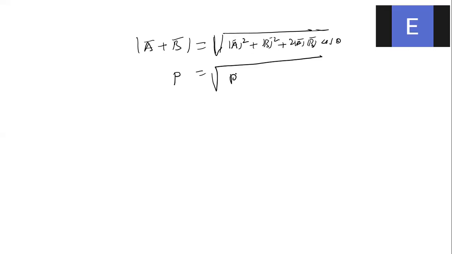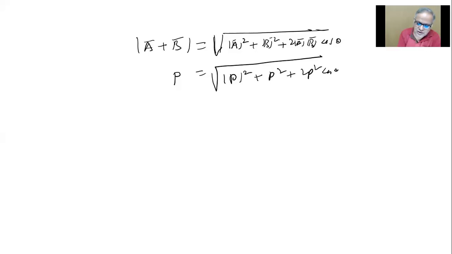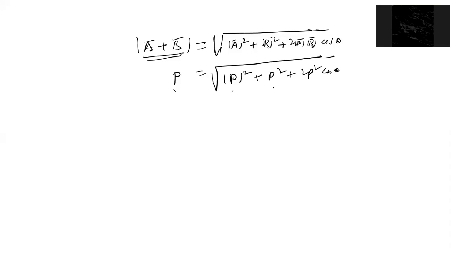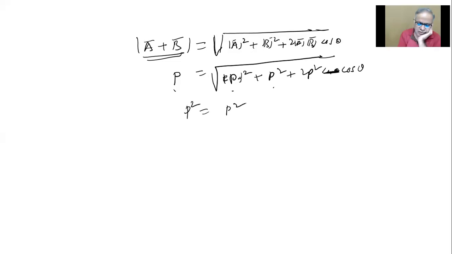And mod A is P, so P square plus 2P square cos theta. Do you understand, Gurucharan? Mod A is P, mod B is P, R is also P. This R is the sum. Yes, sir. Just now I wrote it on the previous page. So now square it. And even if I don't write mod, you remember it is mod.